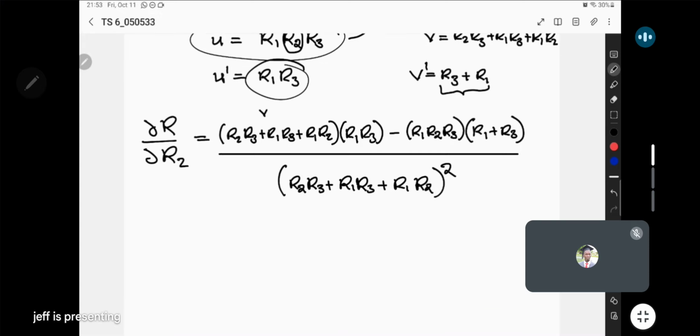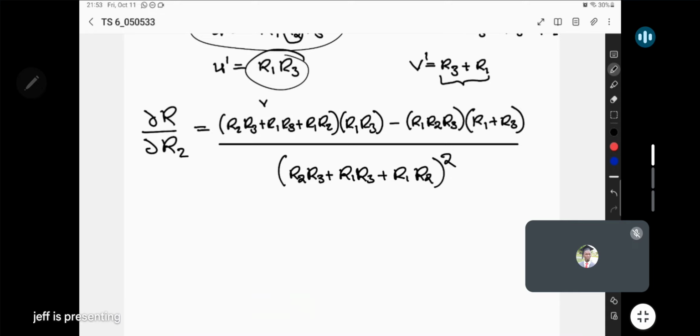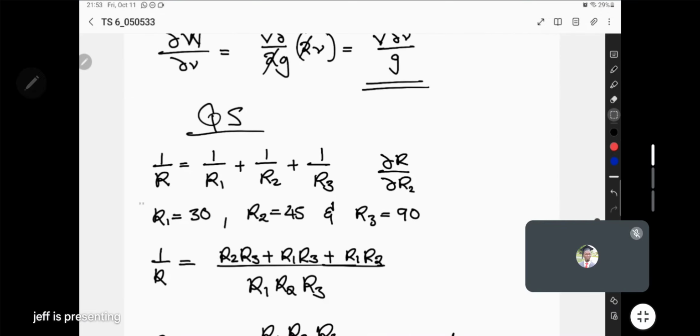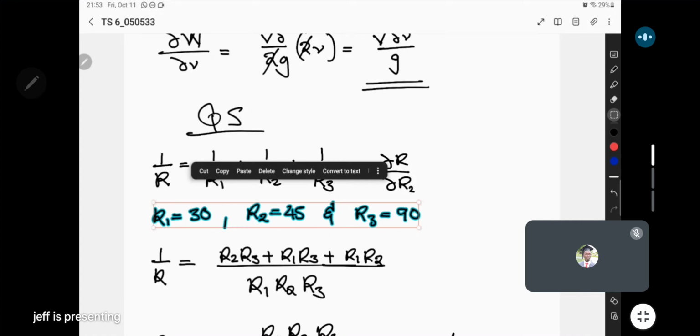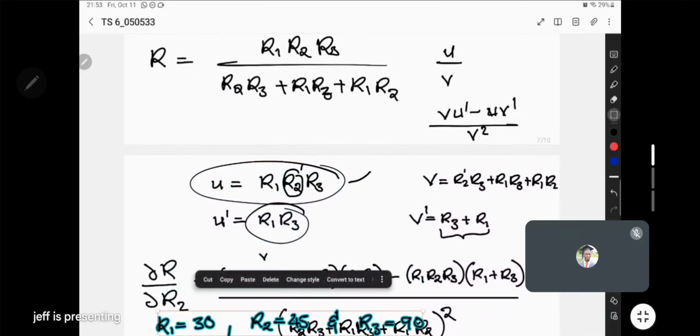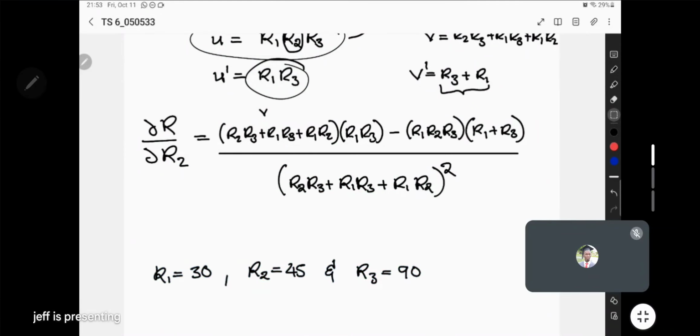We have obtained the derivative, the partial derivative. But here, they have given us the values of R1, R2, and R3. So they want us to get the specific value. So all you have to do now is get the values they gave for R1, R2, and R3 and plug them into the expression. Where we have R1, put 30.